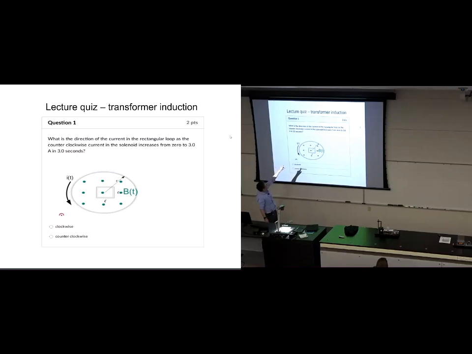What is the direction of the current in the rectangular loop as the counterclockwise current in the solenoid, that's the outer circular loop, increases from 0 to 3 amps? So we're switching on the current in this outer loop, which is what was done in the demonstration. We're inducing a current in the inner solenoid. What direction is that induced current? I'll give you a moment to think about it.